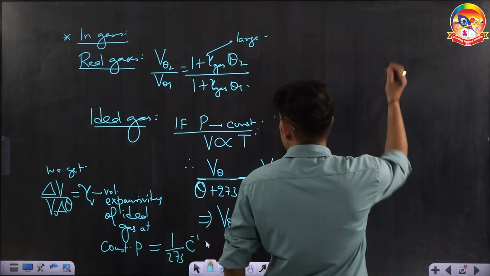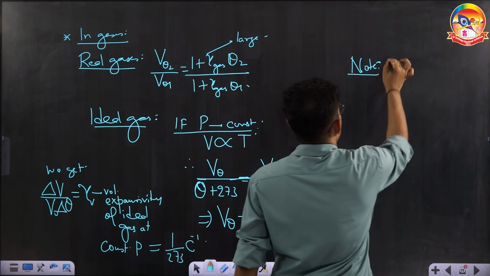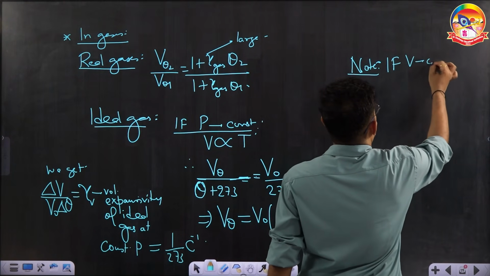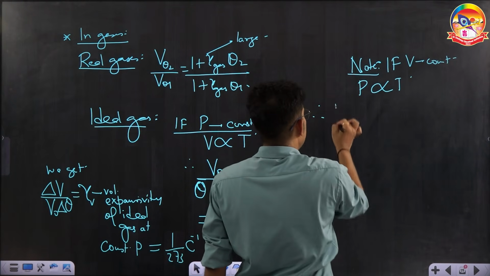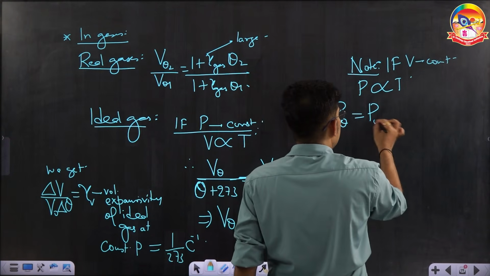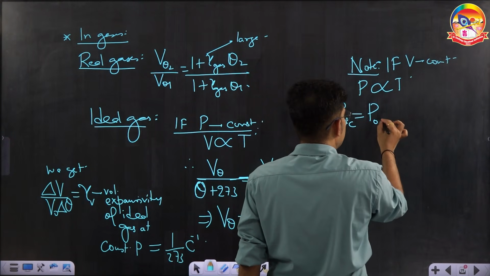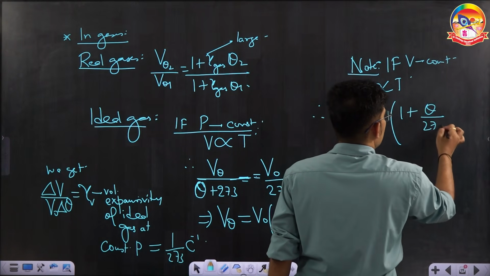Now same thing, if we apply volume is constant, we know pressure is directly proportional to temperature. So in that case, pressure at theta degree Celsius, P theta is equals to P naught, P at 0 degree Celsius, into 1 plus theta by 273.